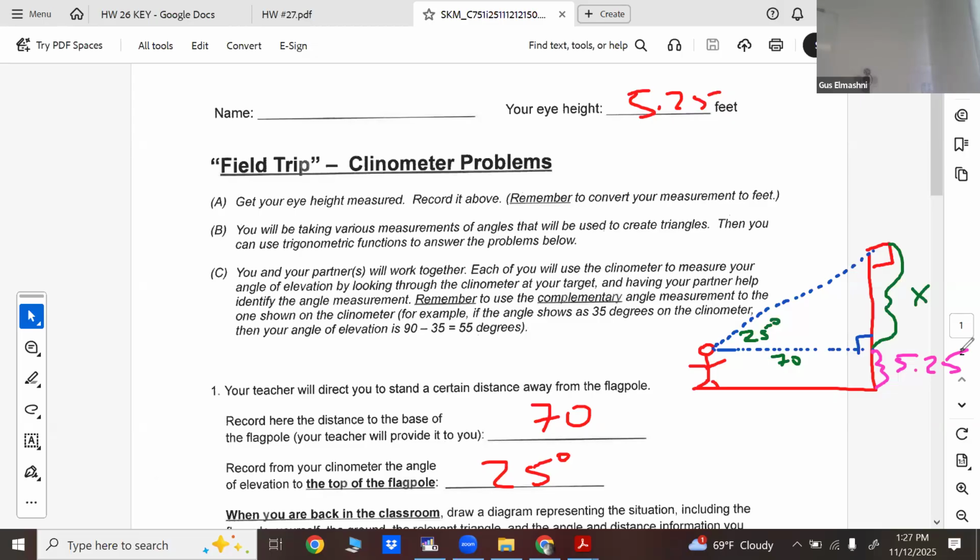Use a calculator, of course. Make sure you're in degree mode, very important. That's 32.64 feet. However, I have to also add the 5.25 feet.